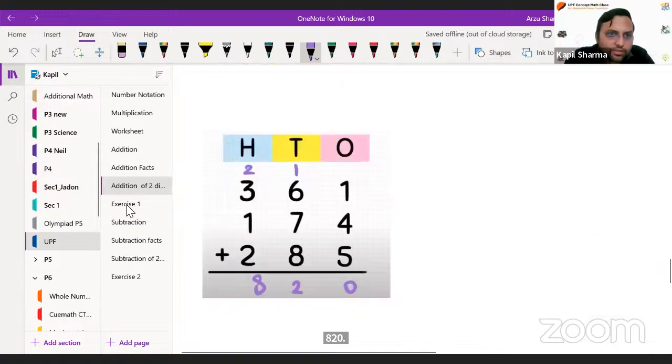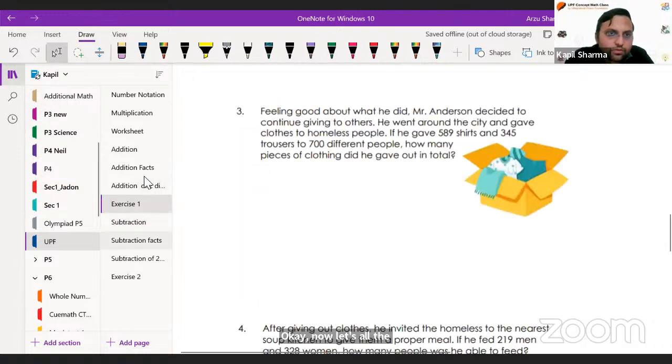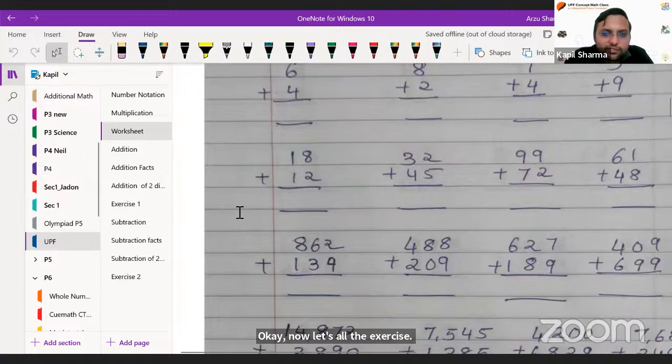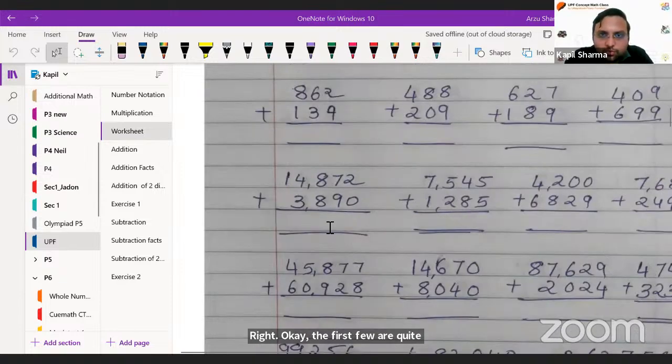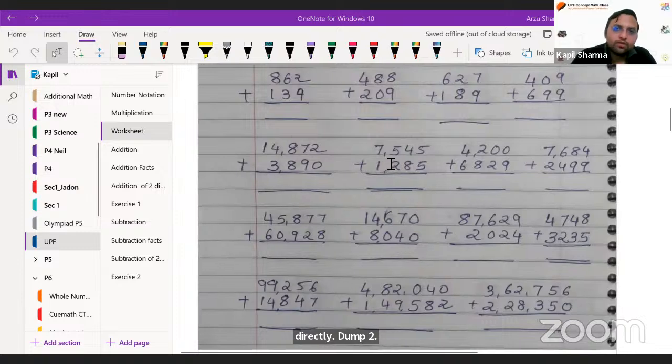Okay, now let's solve the exercise. Okay, the first few are quite easy. So let's directly jump to this line. Okay, try these ones.